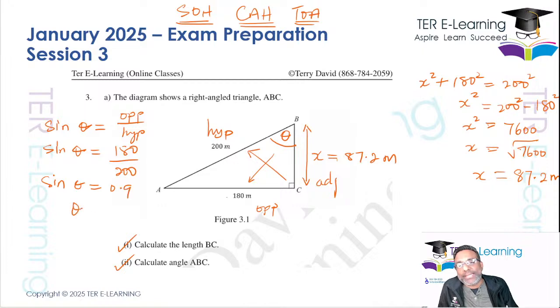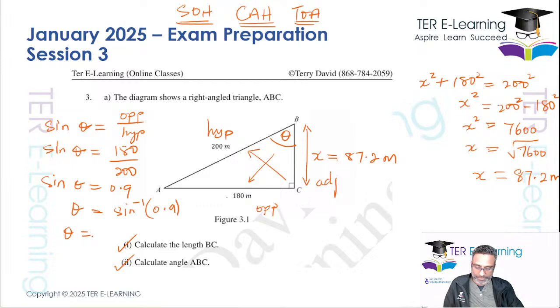So therefore, theta is equal to arc sine 0.9, and you're getting about 64.2 degrees. Right? So that's my angle there, right?